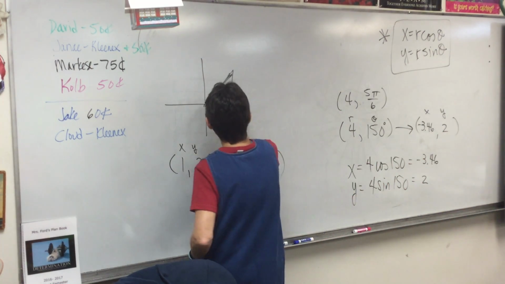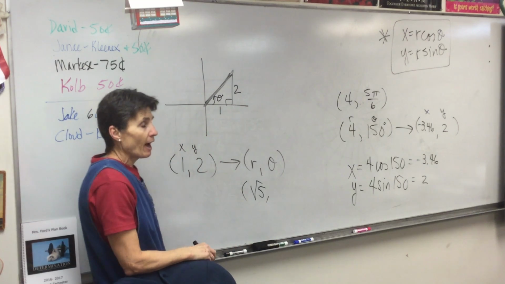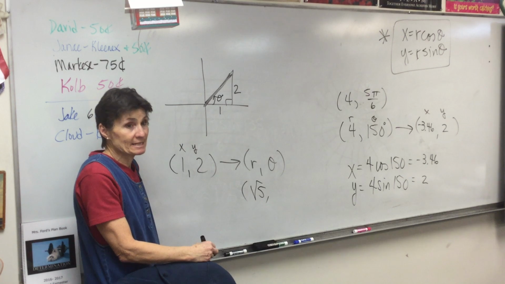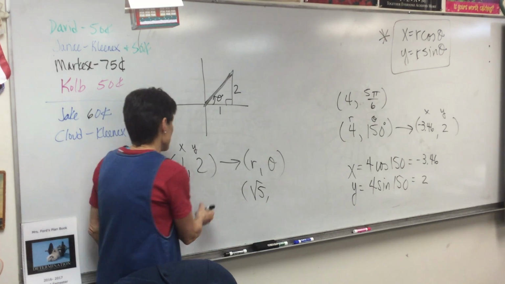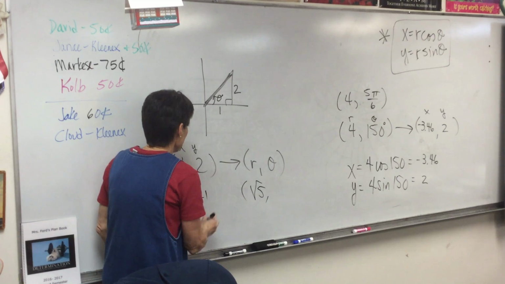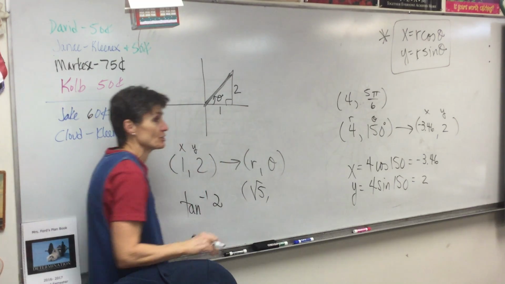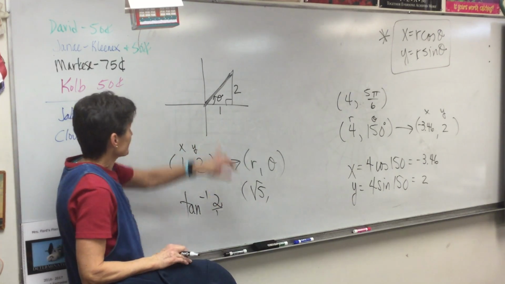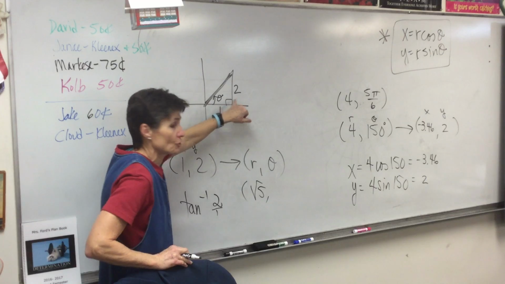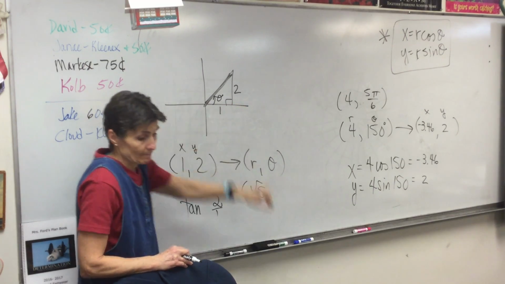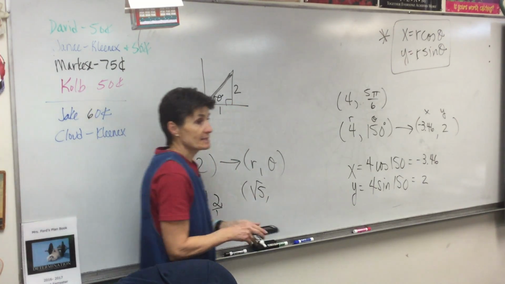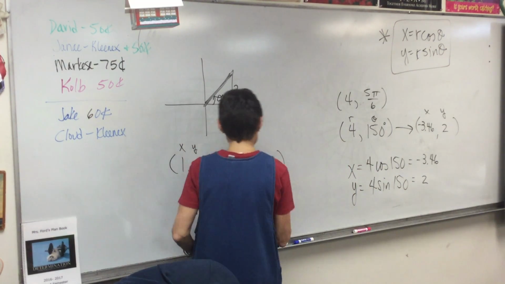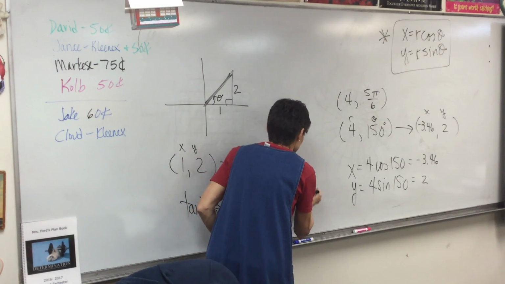She says, look, I need an angle, and every time I need an angle, I second something. She says, maybe I should second tangent 2 over 1. Because the tangent of that angle is 2 over 1. 63.43, Sean says.